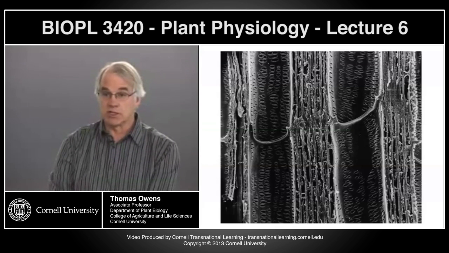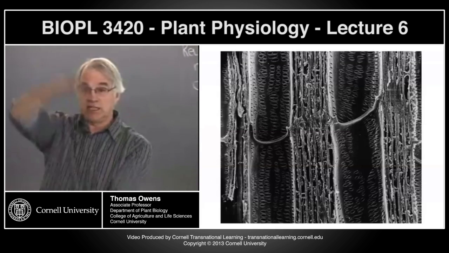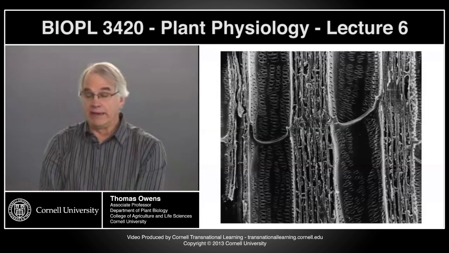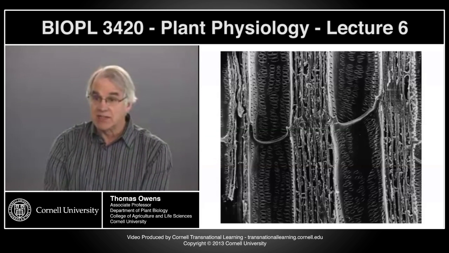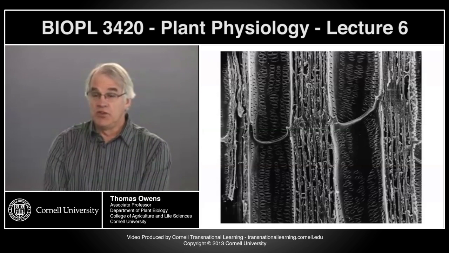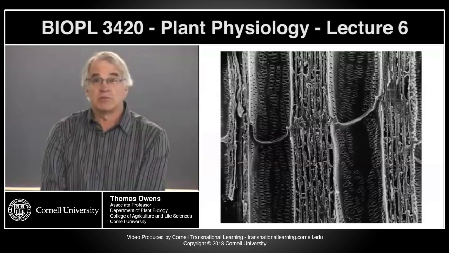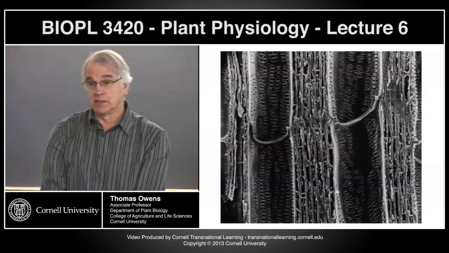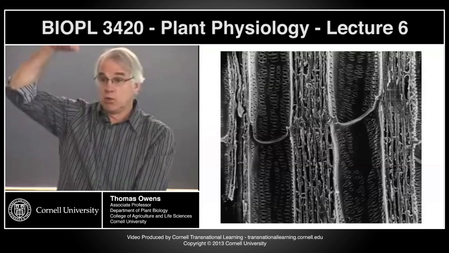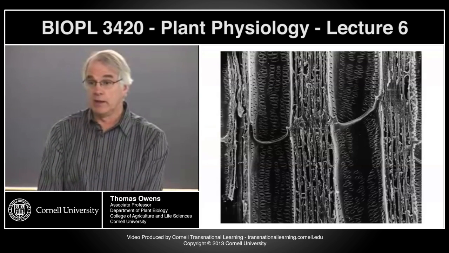Cohesion, right? So there's hydrogen bonding that tends to resist the water column breaking. And typically, to break a water column under physiological conditions, you've got to have something on the order of -20 to -40 megapascals. So the tension on the water column has to be very high before the water column will break.